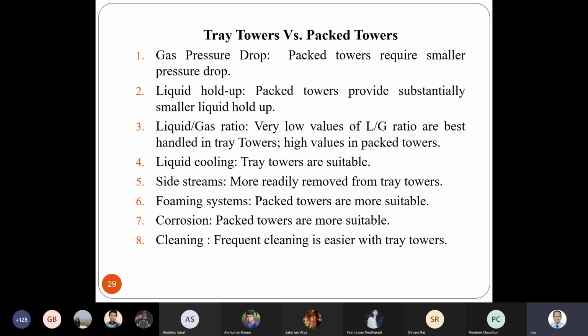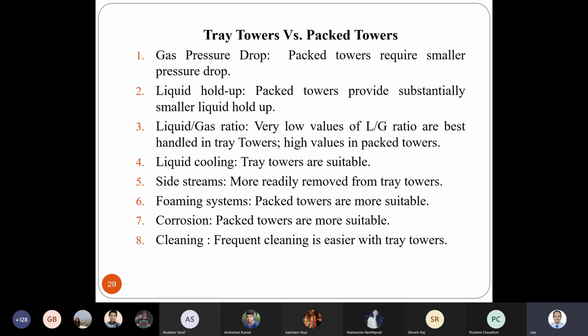So anyway, this is one kind of liquid dispersion. So in the liquid dispersed type, the most important contactor is the packed tower. Right, then when we have these two types of towers, which are most commonly used for the purpose of mass transfer operation, then obviously we should have certain guiding criteria based on which we can decide which tower we'll use for a particular service, right?